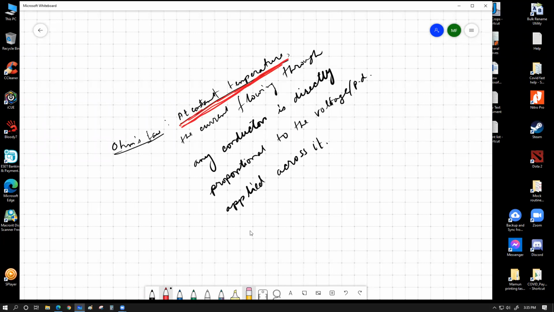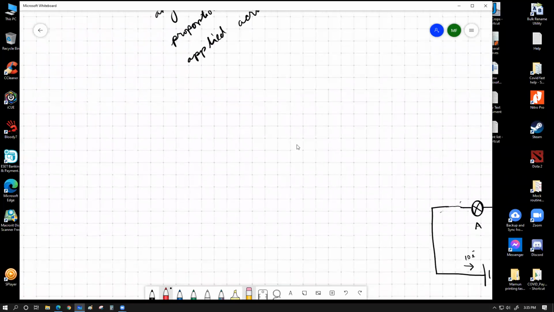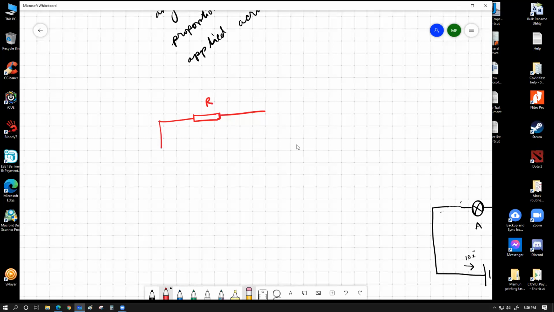If I try to write this whole thing in some sort of circuit, let's say we have a conductor over here. Just to make sense of the conductor, I'm showing you a resistor with resistance R, and using a battery we apply some voltage across it.